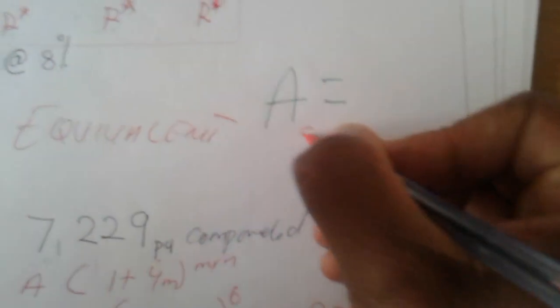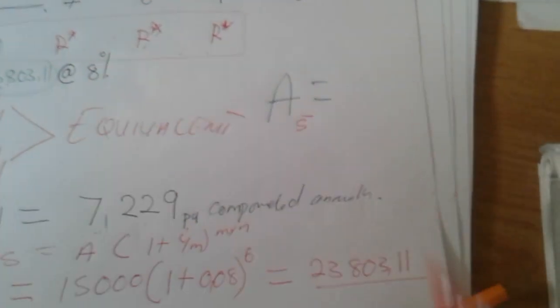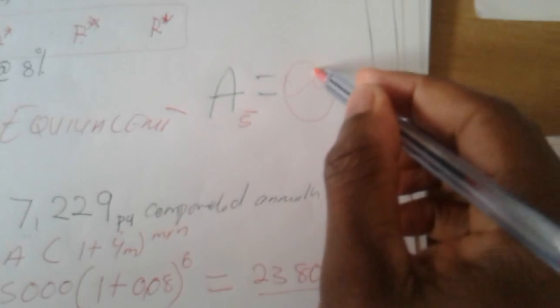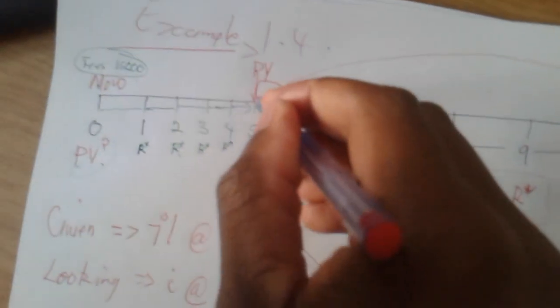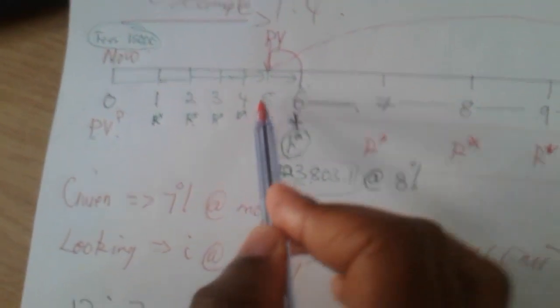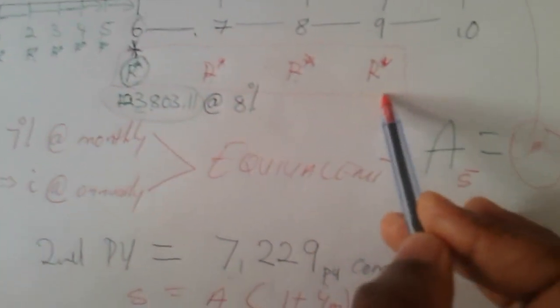So your PV is going to be here. So this is going to be A5. Whatever answer you get here, you bring it there at 5. So it means this parent needs so much amount at the end of year 5 in order to pay fees for the next 4 years.